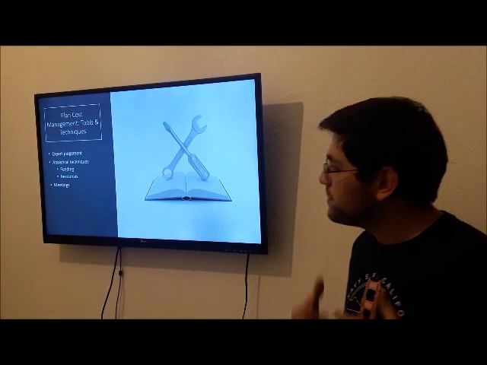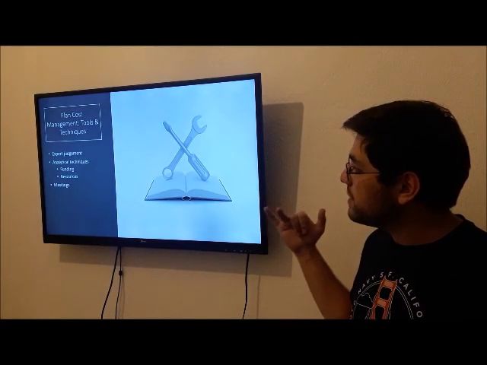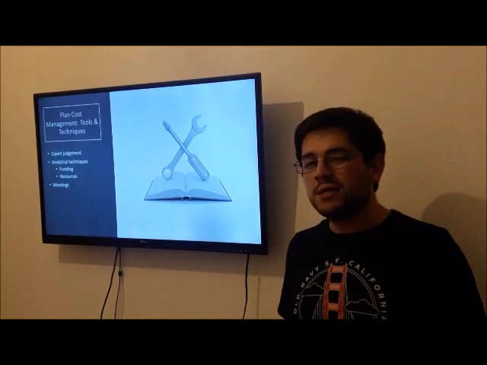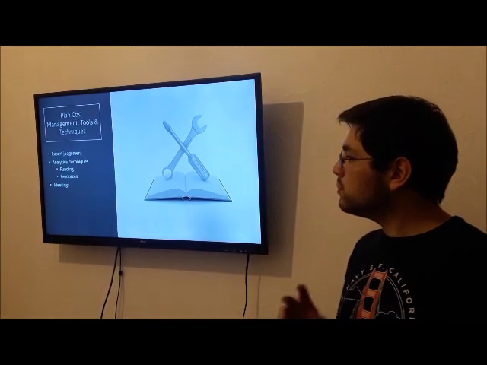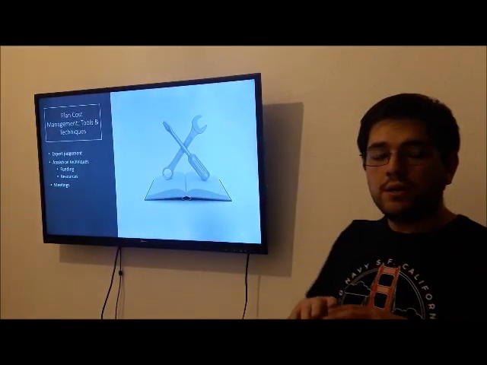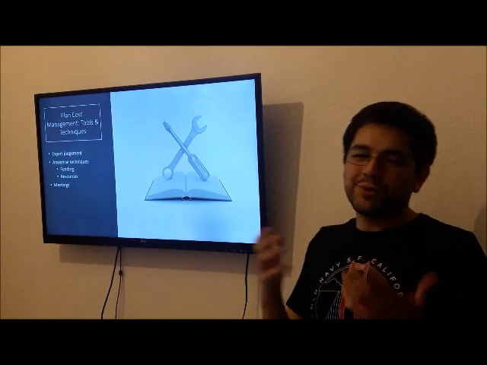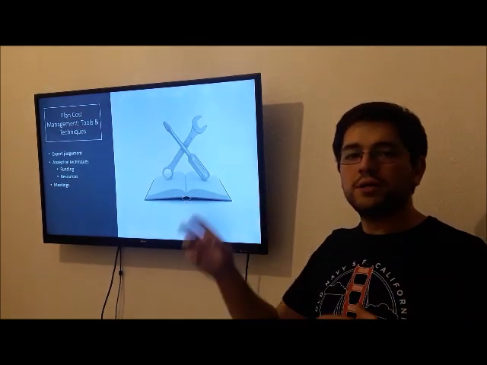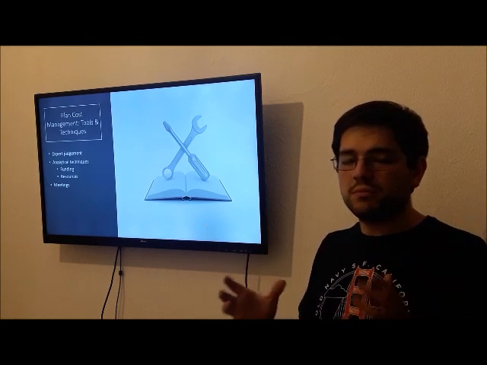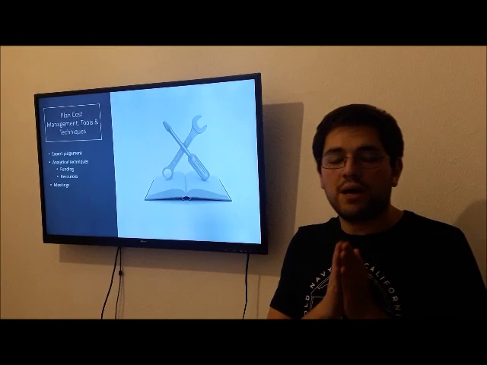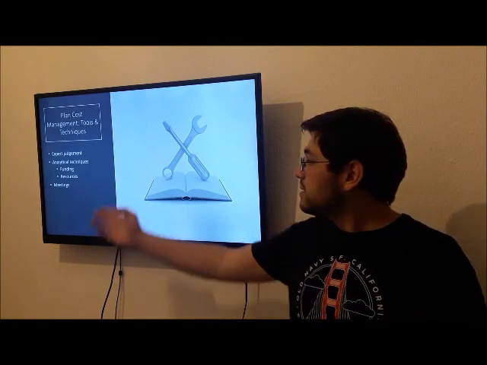The plan cost management tools and techniques: expert judgment, analytical techniques using funding and resources, and meetings. These are three really important tools because expert judgment is going to help us gather the experts from the company and probably do brainstorming or just have meetings where they can discuss how to spend the money wisely.